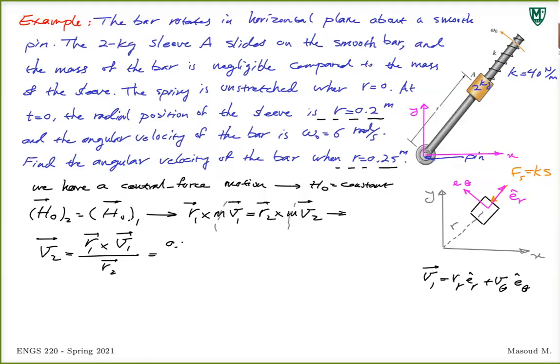So it goes 0.2 ER, because I was getting ahead of myself, giving you something that's easier to just look at mathematically. V1 is R dot ER plus R omega E theta, divided by R2 ER.